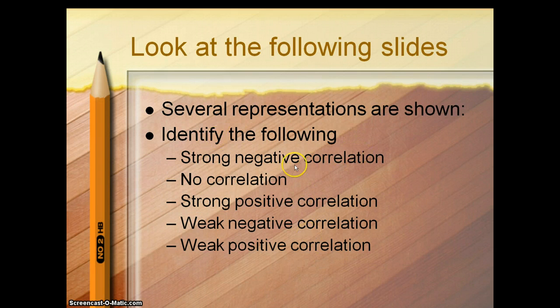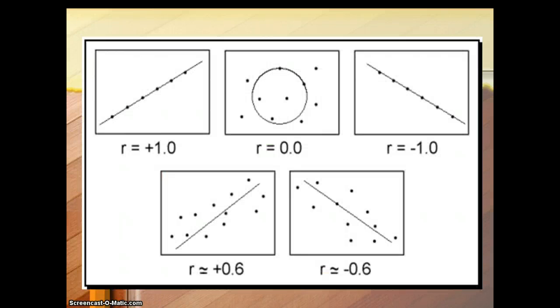Following this slide, there are several presentations, and after you go through this video, I want you to go back and look at this. There are strong negative correlations, no correlation, strong positive, weak negatives, and weak positives. So you can look at a visual representation plus the R value. For example, here all the data is just scattered out.